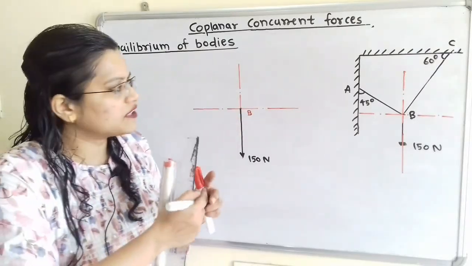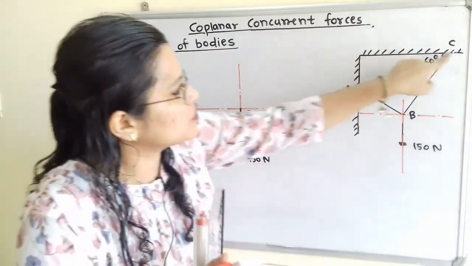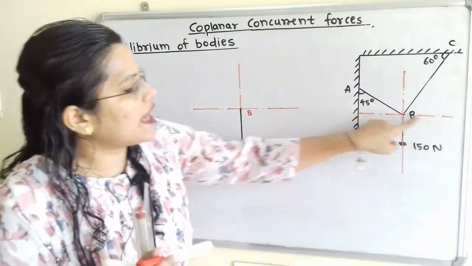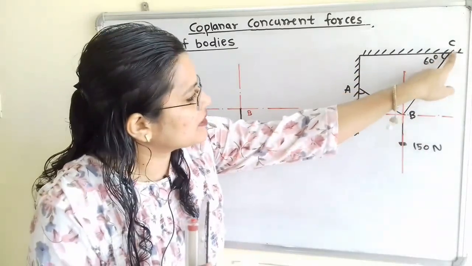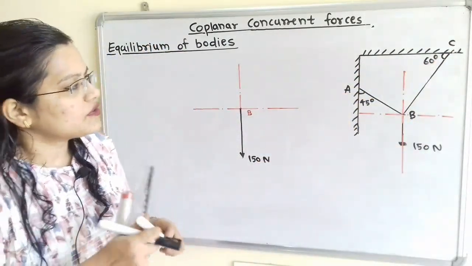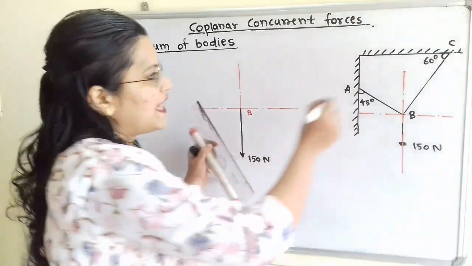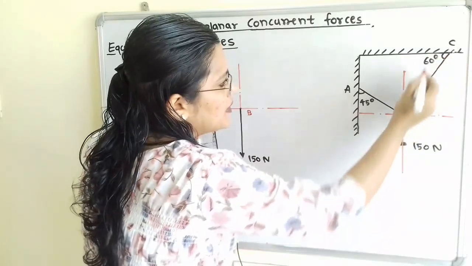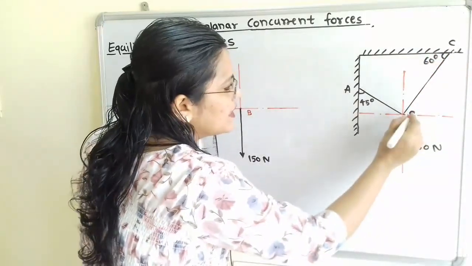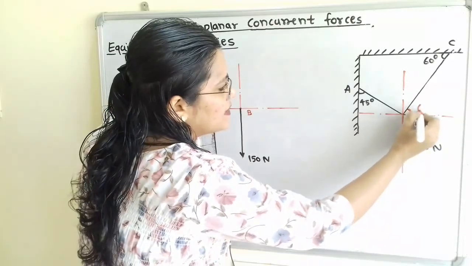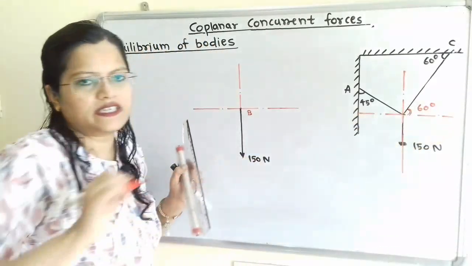Now if we observe this diagram, this is a horizontal line and this is also a horizontal line. So these two lines are parallel to each other and BC is the common inclined line. So we have to show the opposite angle. These two are parallel lines, BC is the common line, this angle is 60 degrees which it is making with the horizontal line, then this angle is also equal to 60 degrees.